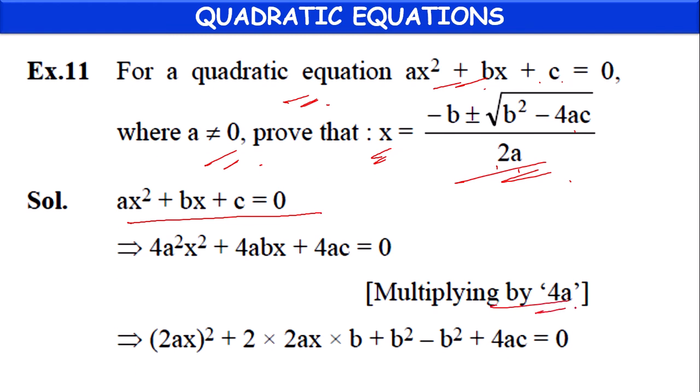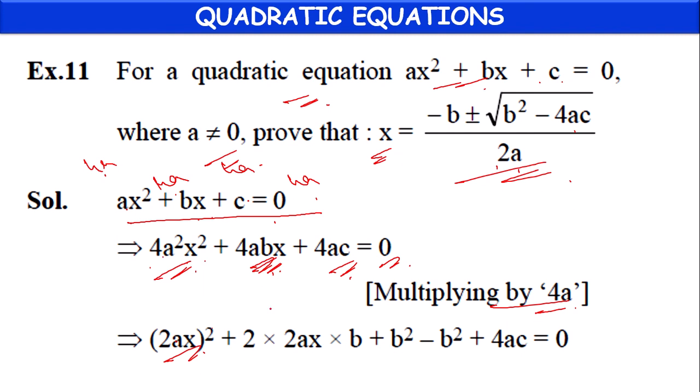Let's multiply with 4a, children. Then 4a into a, 4a square x square; 4a into bx, 4abx; 4a into c, 4ac; 4a into 0, 0.